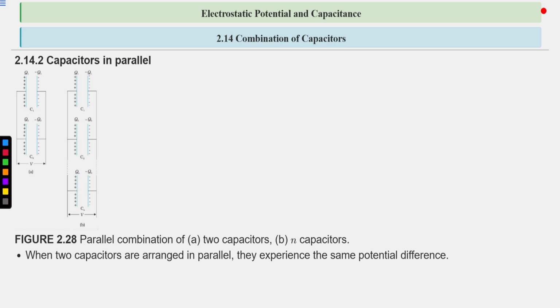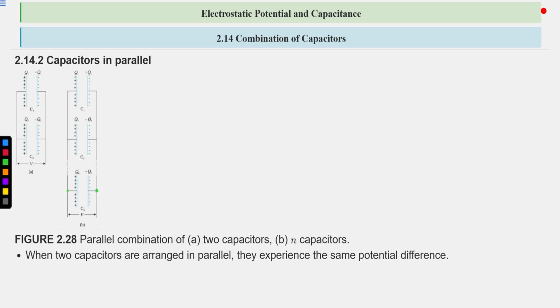When capacitors are arranged in parallel, they experience the same potential difference. In series, there was the same charge across all the capacitors. Now in parallel, there is the same potential difference across all the capacitors because their plates are connected at one common point.